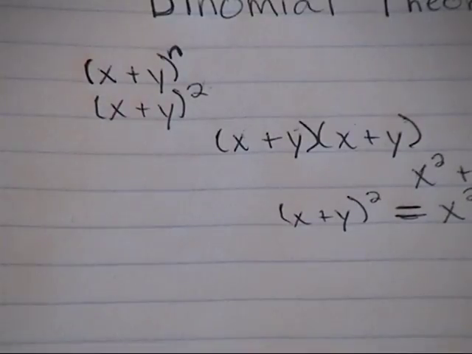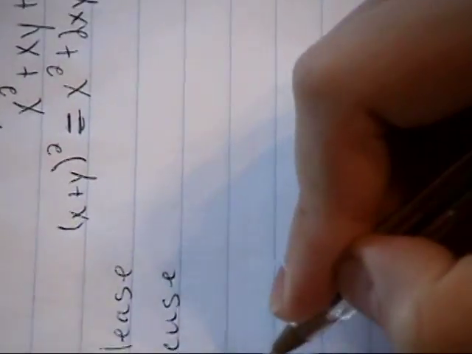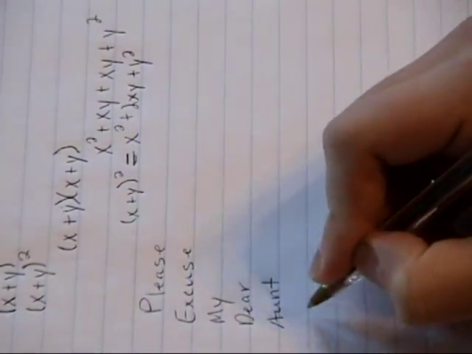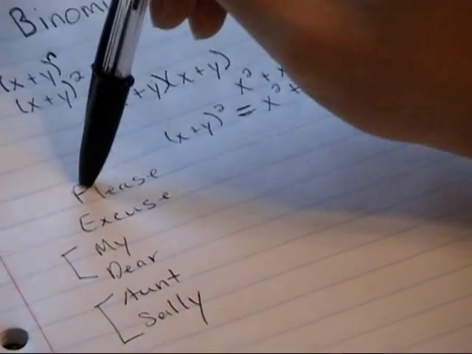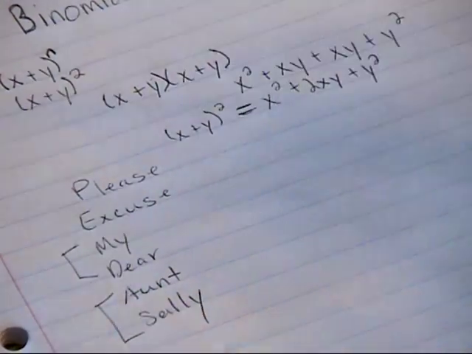M is for multiplication, D is for division, but that doesn't mean multiplication comes before division. Multiplication and division both come before addition and subtraction. Okay, I'll just write that down. And this is just multiplication and division, and this is addition and subtraction. Okay, so it's parentheses, exponents, then multiplication and division, and then addition and subtraction.